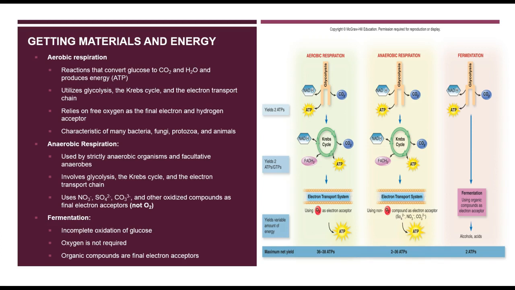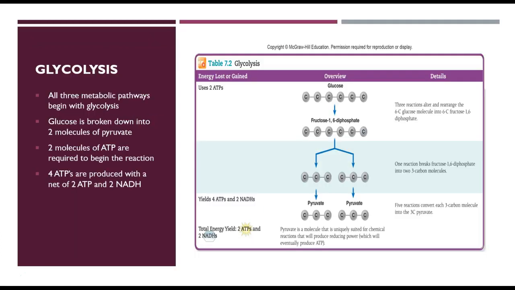Fermentation only yields 2 ATPs from every glucose molecule. So it's not as efficient. However, it does happen more quickly, and it happens without oxygen. So those are two key factors that can determine if an organism is going to ferment instead of go through aerobic respiration.